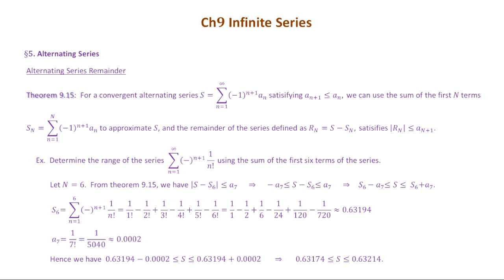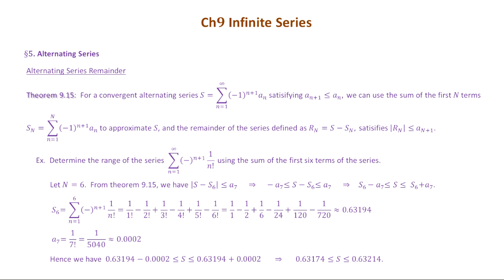Okay, so then you just do the decimals a little bit. You get 0.63174 on the left and 0.63214 on the right. So S will be between those two numbers.